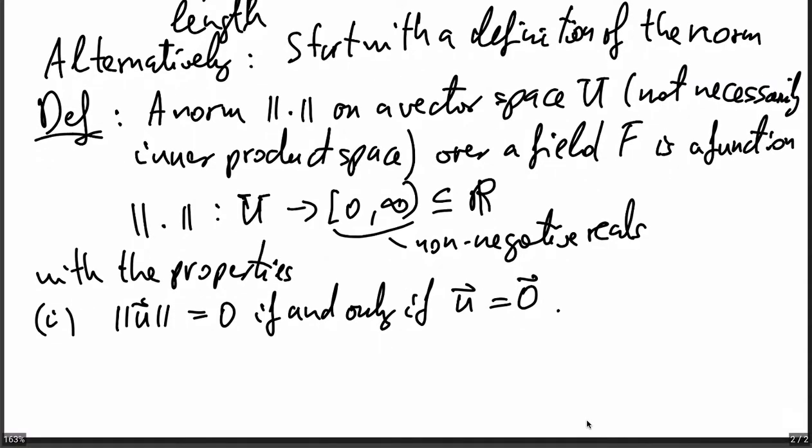So if something has a length, then the norm should be positive.